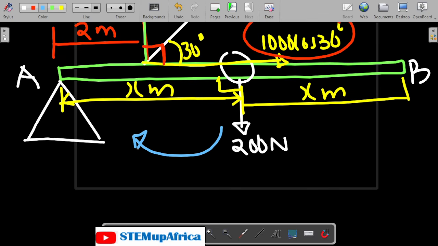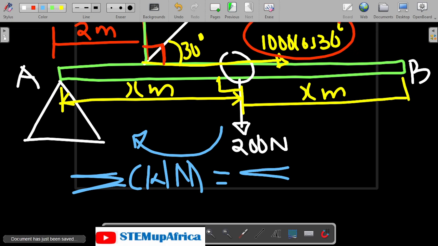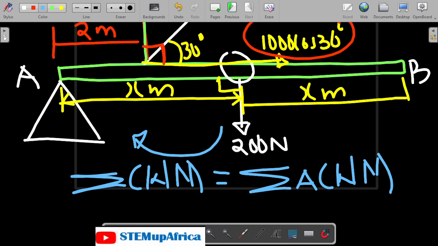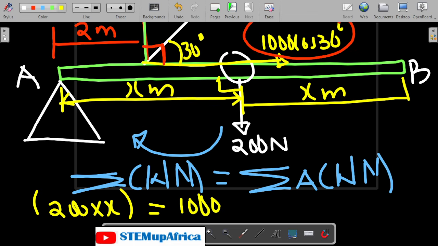So with that in mind, let's solve our moment. I will state the condition. Sum of clockwise moment will be equal to sum of anti-clockwise moment. Like we agreed, the 200 is clockwise moment. So I'm going to have 200 times X equals the anti-clockwise moment, 1000 sine 30 degrees times distance 2.